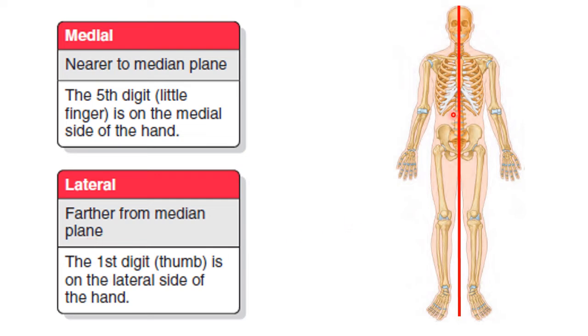If we say the thumb is lying laterally, so this is the median plane, and because the thumb is lying away from the median plane, that is why it is said that the thumb is lying on the lateral side of the hand.